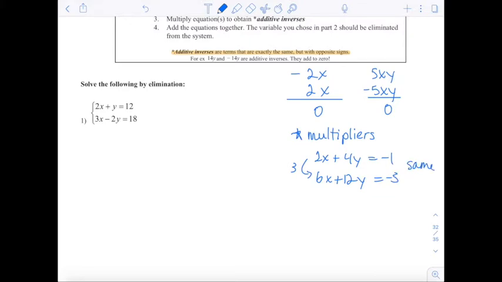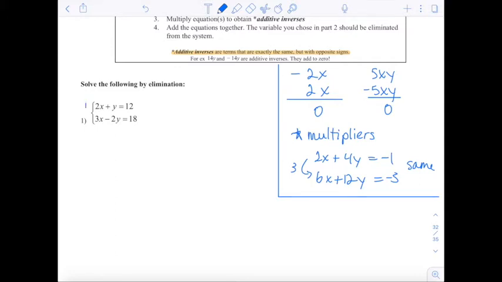The reason they're equivalent is because we've multiplied each term by the same amount. Combining these two concepts, we can jump right into the process of elimination to solve a system of equations.